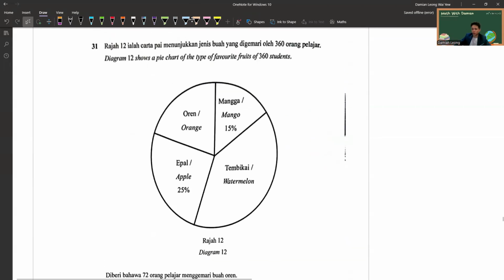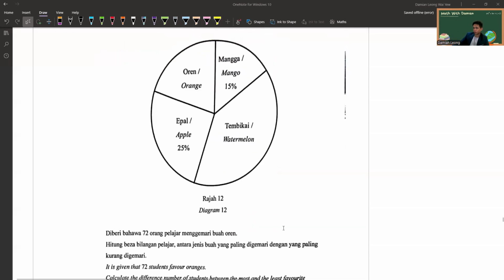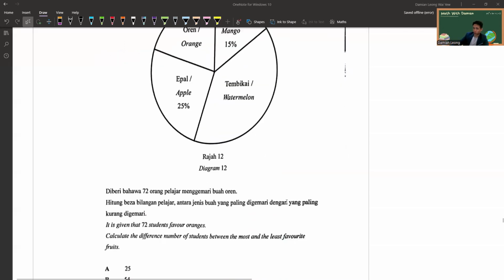Question 31. Diagram 12 shows a pie chart of the types of favorite fruits of 360 students. So 72 students favor oranges. I want to find the difference in number of students between the most and least favorite fruits. So yeah, 72 favor orange.